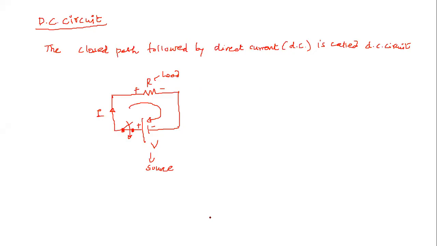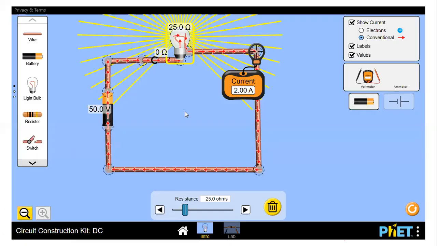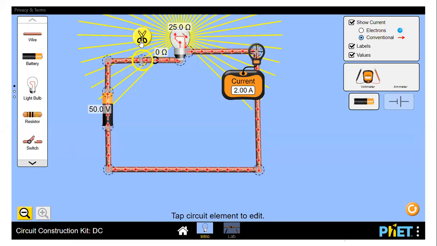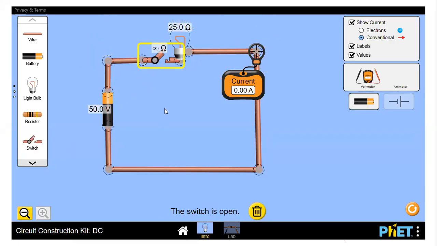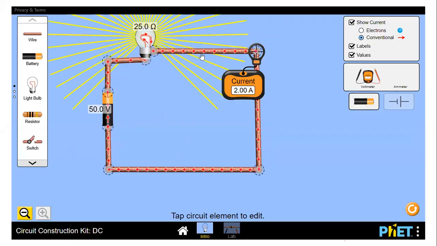So that is why if you go back to this animation, when I turn off the switch, now look at the connection here. These are simple things which we need to understand. What if I remove this switch, and I will shift this bulb over here.